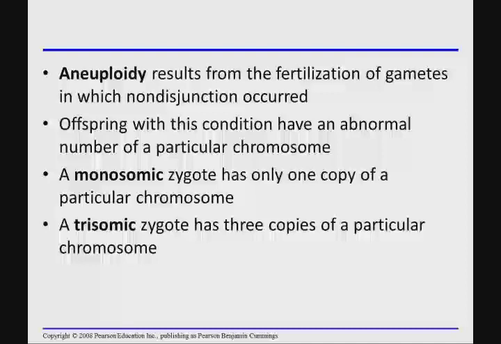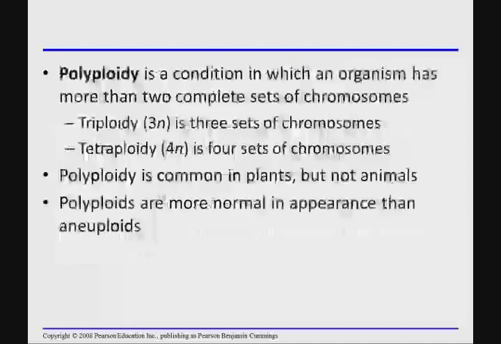Now, if you actually jump ploidy, polyploidy is what you get. There is normal development in some plant tissues that results in triploid tissue, and many plants actually are tetraploid, having four sets or four copies of every chromosome, all homologous. Now, it says polyploidy is common in plants but not in animals, and that is true.